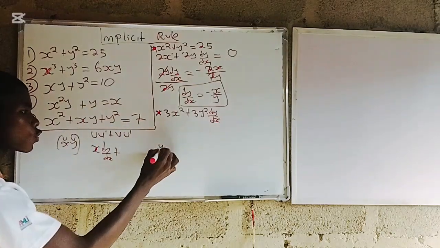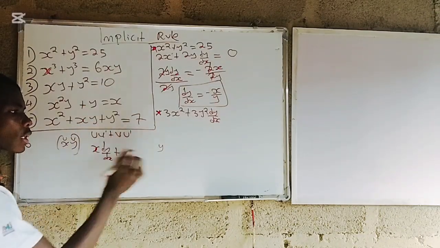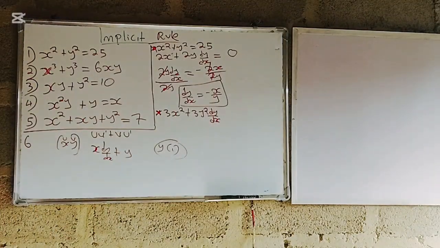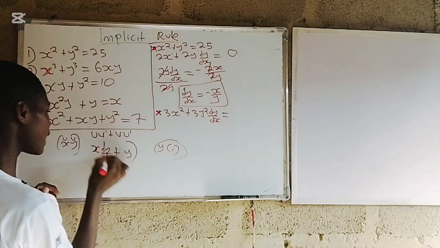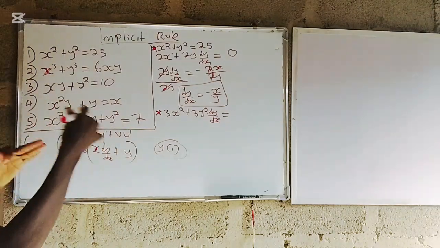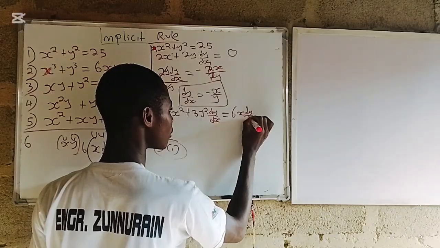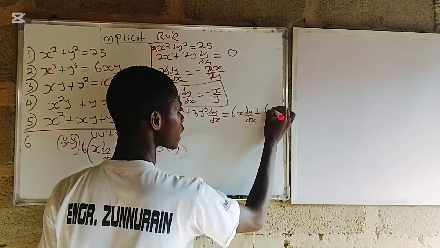This is v, which is y. And what is u prime? It is 1. So this times this, you're going to get this. So this should now be equal to, but don't forget I have 6, so I have to multiply the 6. So this should now be 6x dy by dx plus 6y.